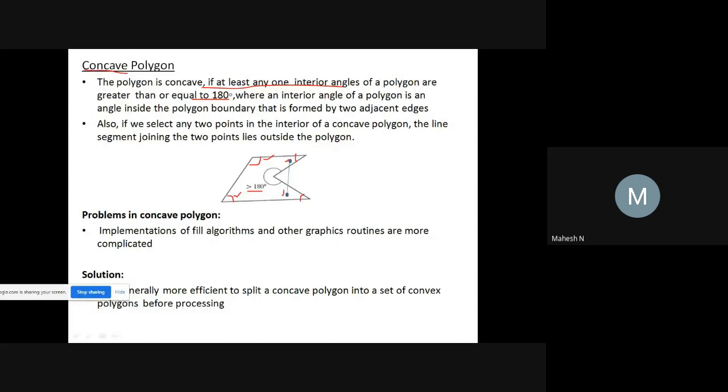Whenever I need to fill this concave polygon, if I take any two points and start filling the color pixels, there is a possibility that some part may go outside the polygon. This is the disadvantage of my concave polygon.